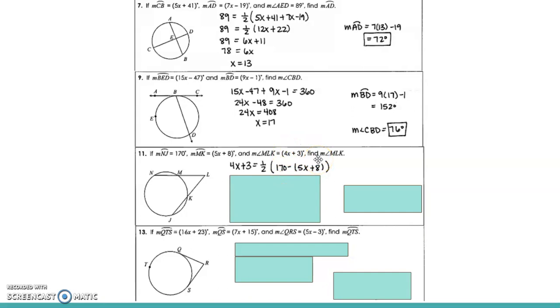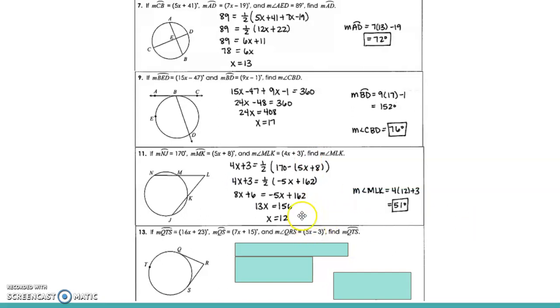So just make sure that you are subtracting both so we can distribute that negative. And when we solve for x, we find that x equals 12. Plugging it back into our expression for our angle measure, 4 times 12 plus 3, we get that the measure of angle MLK is 51 degrees.